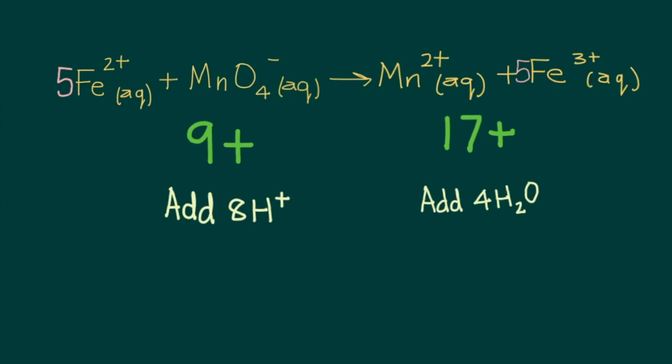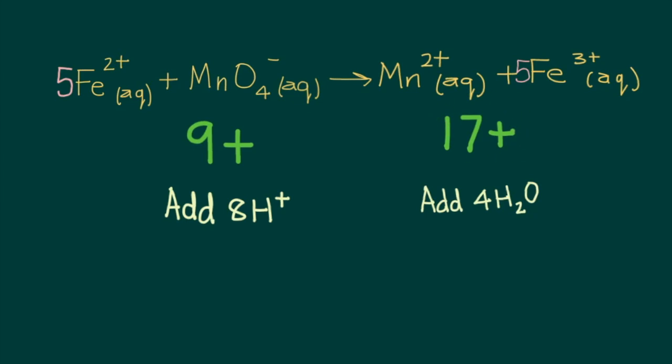These 5 electrons will then combine here to form Mn2 positive. But the overall charge on each side, here it's 9 positive and here it is 17 positive.